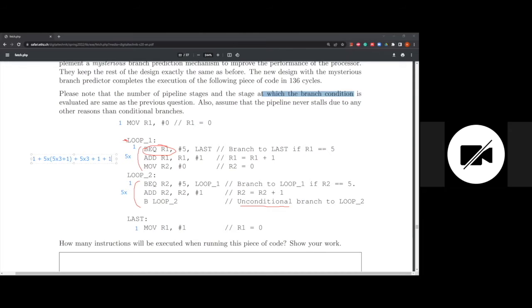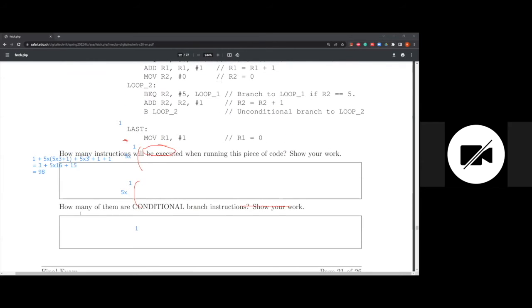And I will do plus 1 one more time. And then here, if you do the math, this should be equal to 3 plus 5 by 16 plus 15. Then this is 80, 95, 97. Oh, sorry, 98. So this is the total number of instructions we have.